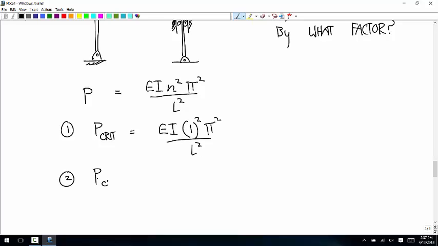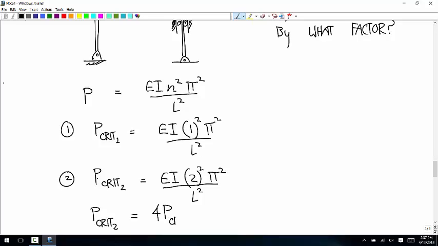For the second case, it's EI times 2 squared pi squared over L squared. And so I'll call this one P critical 1 and this P critical 2. So P critical 2 is 4 times P critical 1. By restricting points along the length of the beam, you can pretty quickly make a big difference.